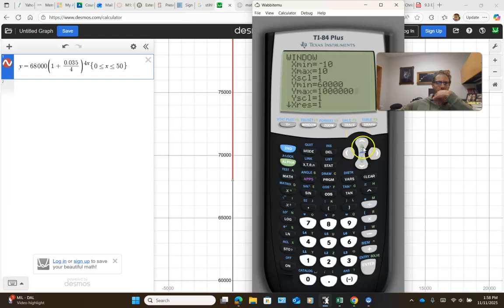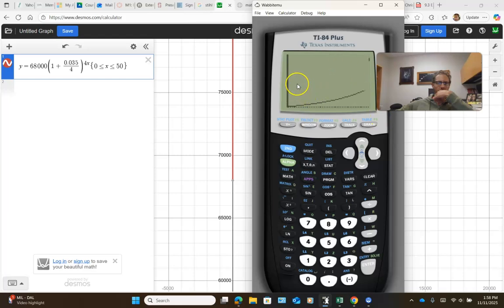There we go. And then for the x-axis, I want this to start at 0, and I want it to go to, say, 50. So for 50 years, okay. Now I'll graph it. There we go.